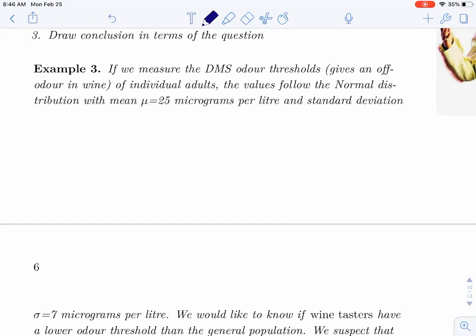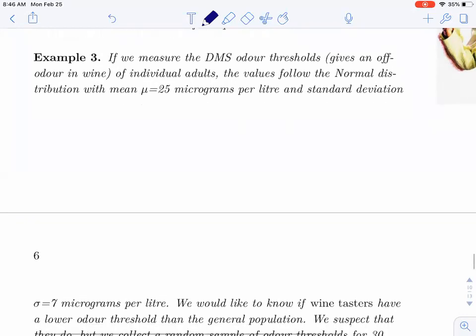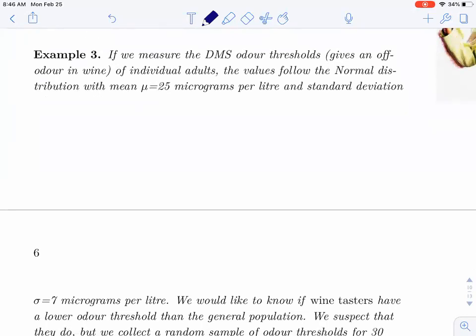But for us, or at least myself, run-of-the-mill, we probably won't be able to detect anything. Okay. And so here we're told that for individual adults, the odor thresholds have a mean of 25 units and a standard deviation of 7.